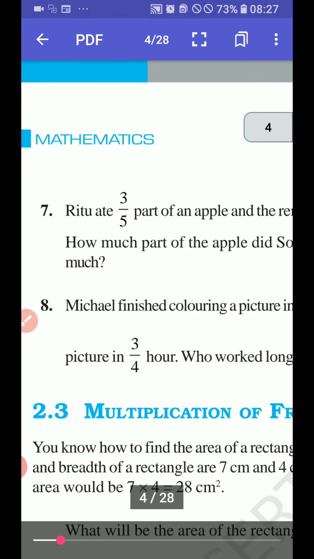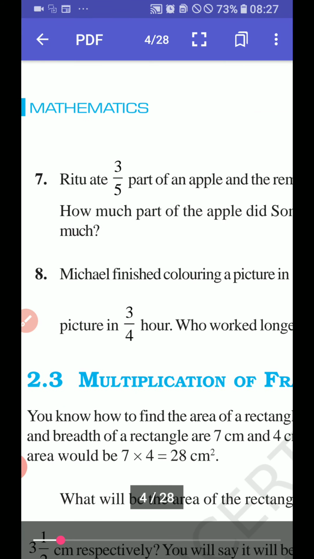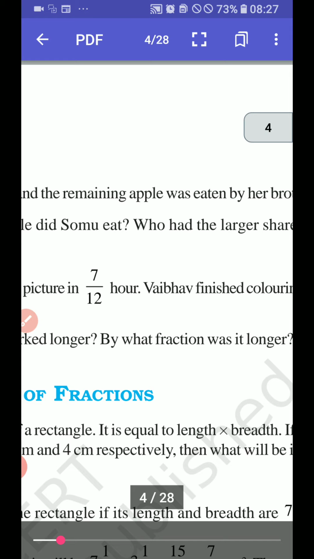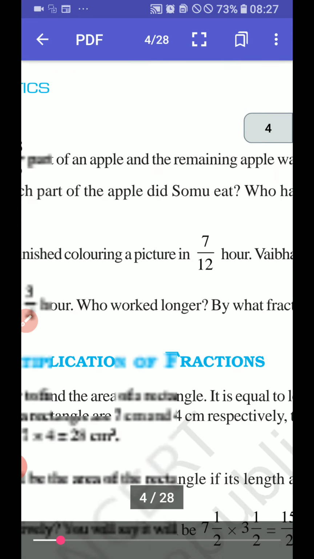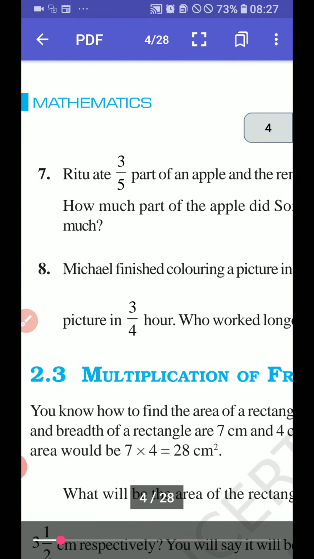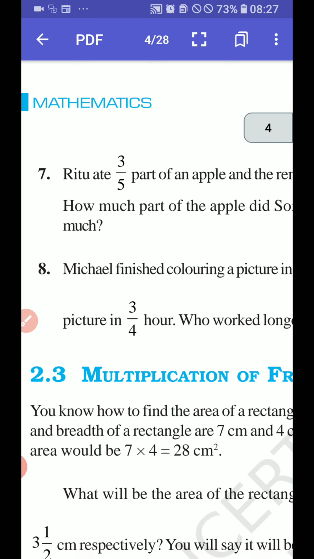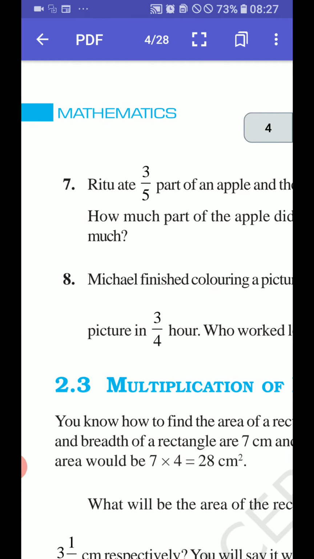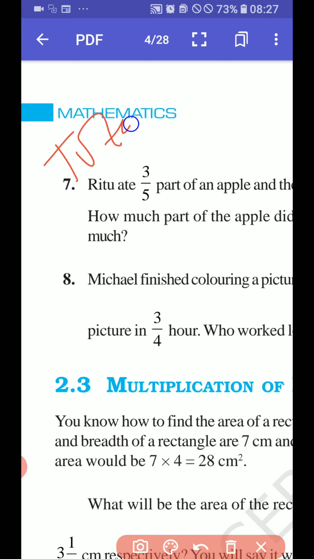Okay. As you know, the total part is known as 1, right? Total equal to 1, right?